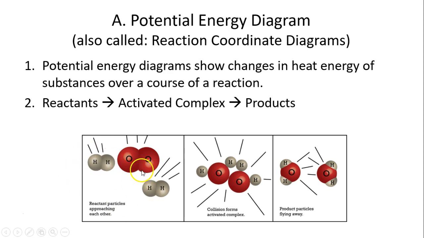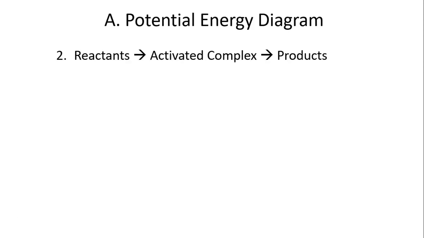They are the reacting particles. Then they turn into the activated complex once a collision has happened. And remember that for the collision to be effective, we need collisions that hit in just the right orientation with just enough energy and actually hit. And then they move off to form their products.